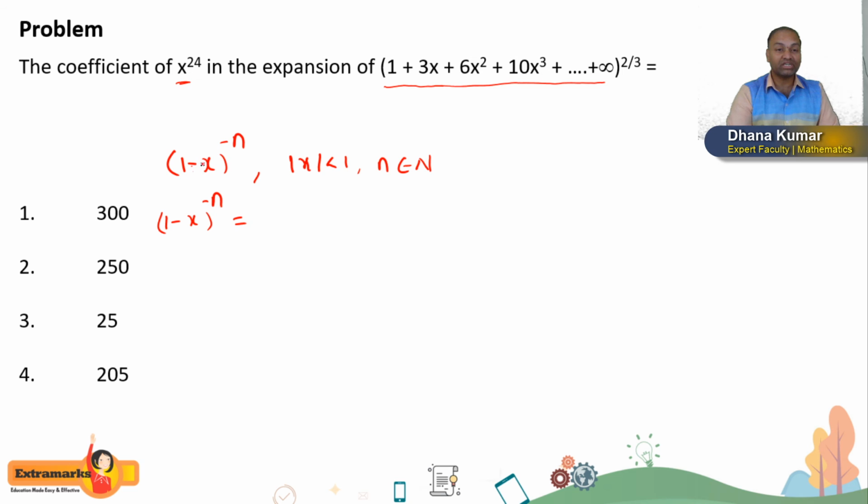Both are the same signs, which means the expansion contains all positive terms.